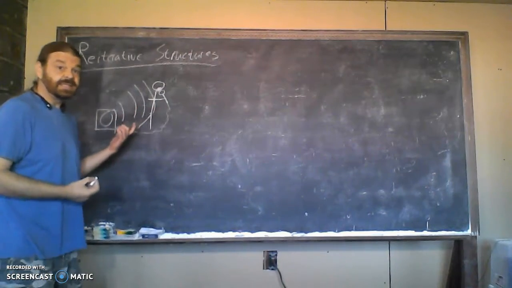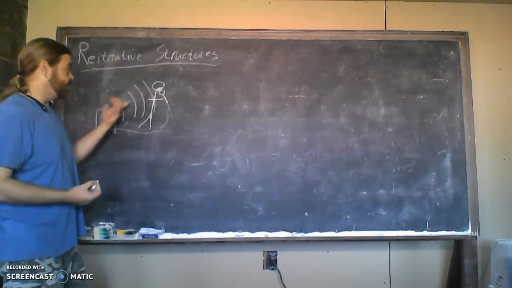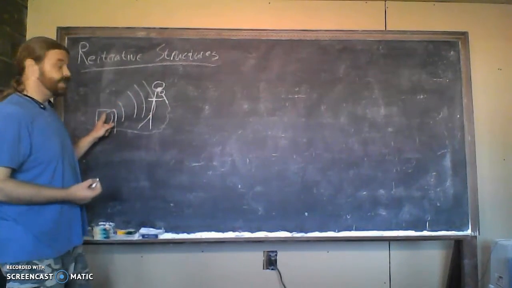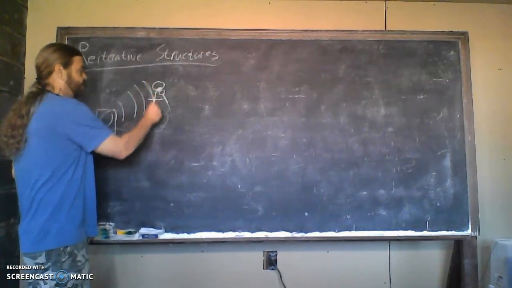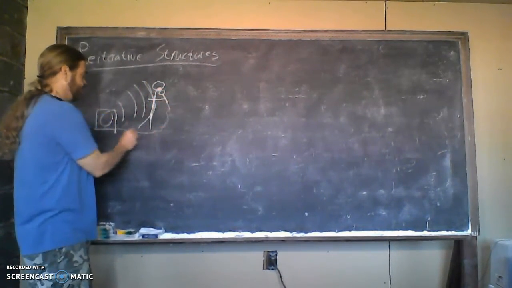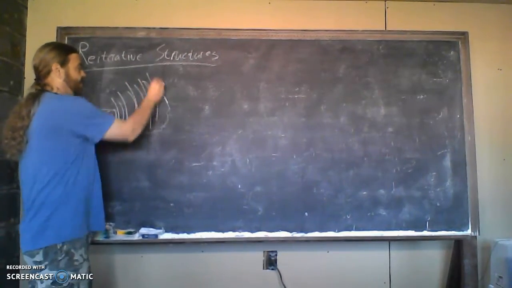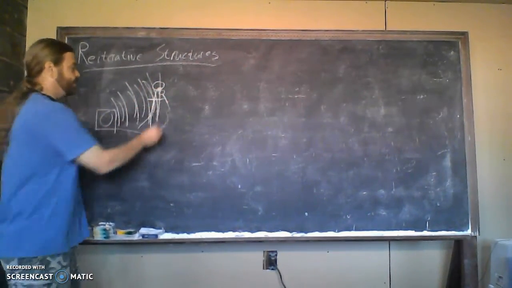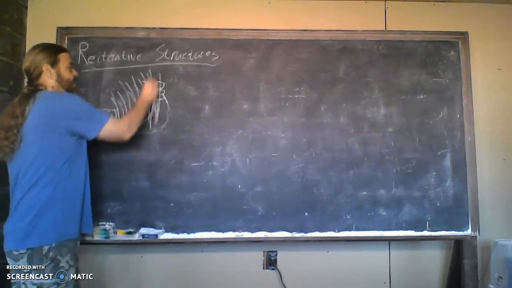Well, if things are positioned in a certain way, if everything's set up right, that louder sound is going to go right back in that microphone. Louder sound goes right back in the microphone, down the wire, gets amplified, comes out louder. Goes back in the microphone, gets amplified, comes out louder.